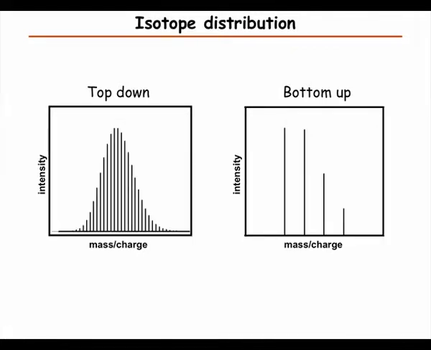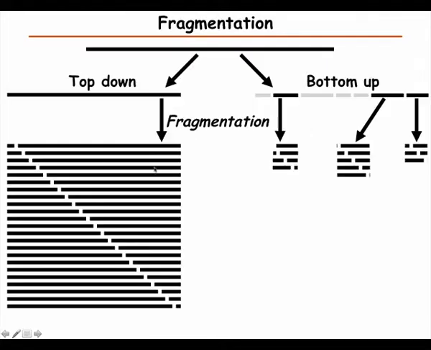Then also the isotope distribution is much wider, because for a peptide we have a few isotope peaks. For top-down we have many isotopes, and we often can't easily see even the monoisotopic peak. And it becomes a little bit difficult to say exactly what the monoisotopic mass is.